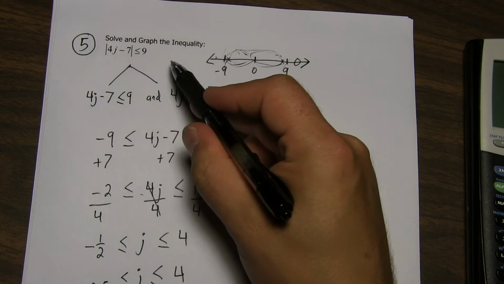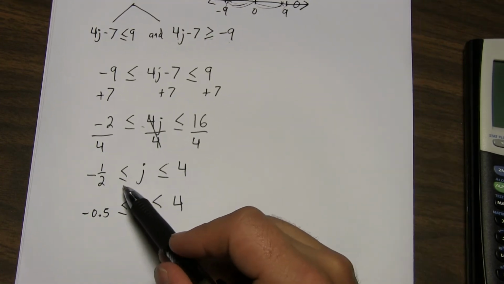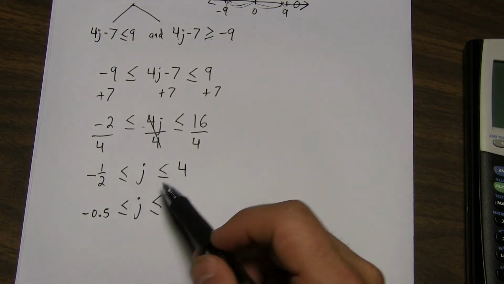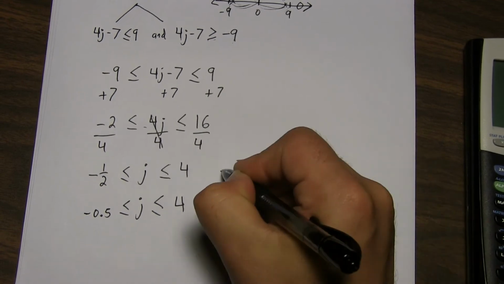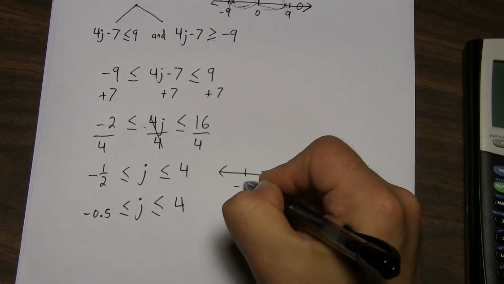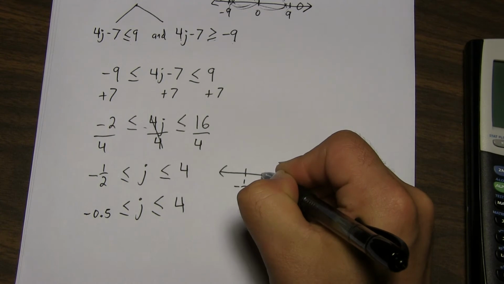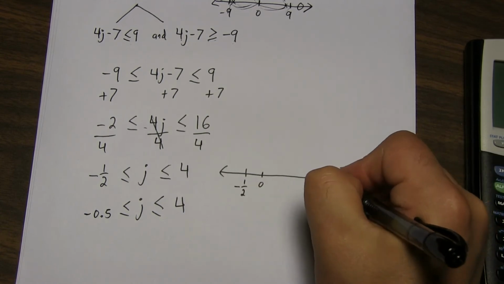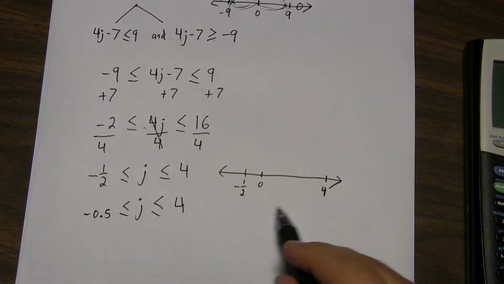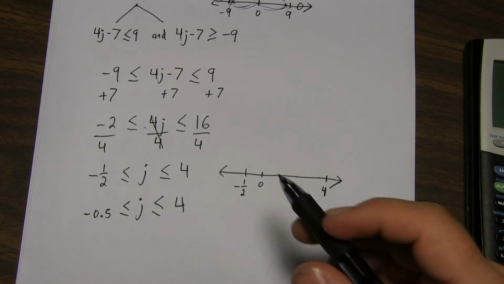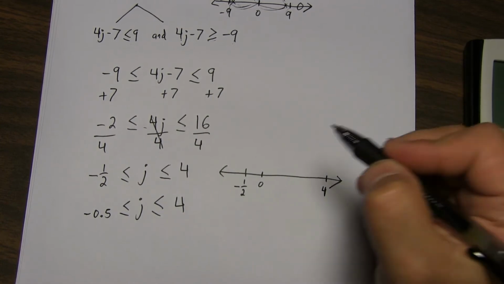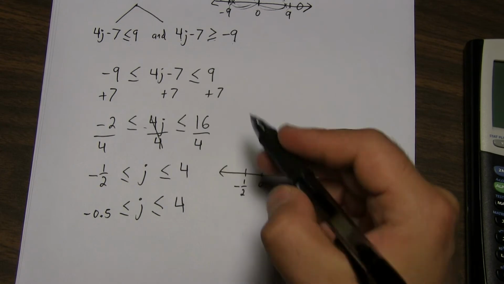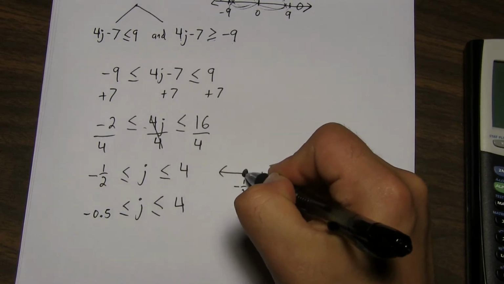Now the original problem said we need to graph, so we need to graph the interval from negative 1/2 to positive 4. Here's negative 1/2. So 0 might be about here, and I'll put a 4 way over here. This might not be perfect scale, but it will work. And because it's less than or equal to, that's going to be a solid dot.